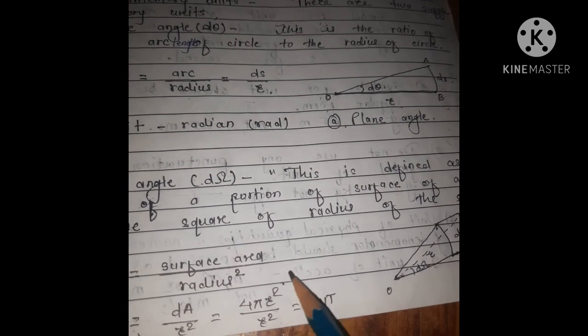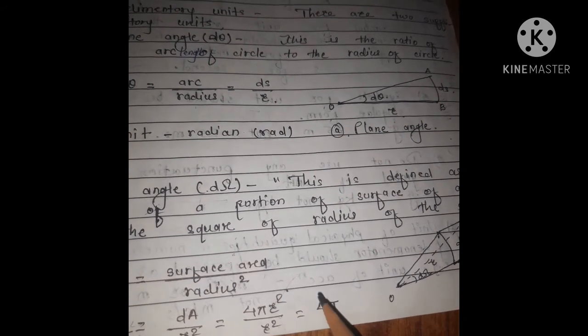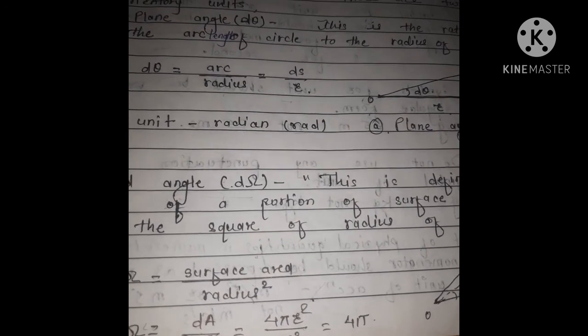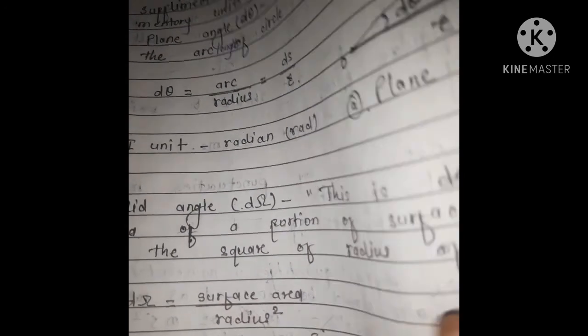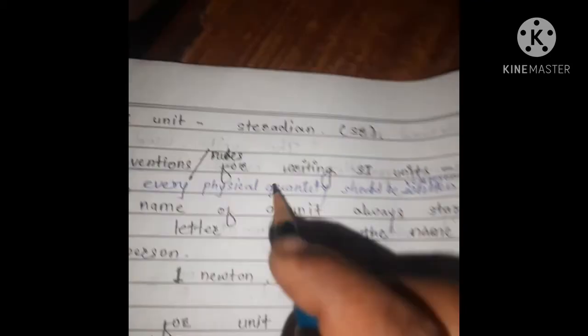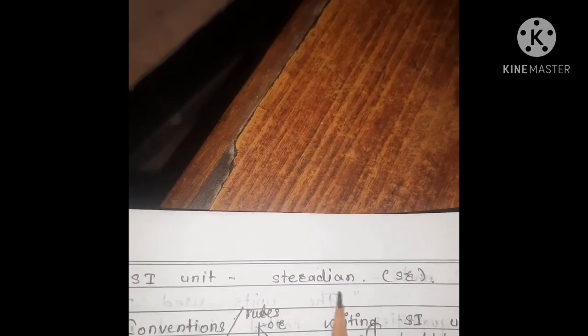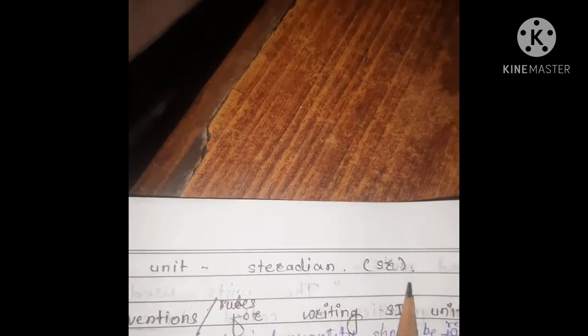Therefore r square gets cancelled and we get solid angle is equal to 4 pi, and its SI unit is steradian. SI unit of solid angle is steradian and symbolically represented by small sr.